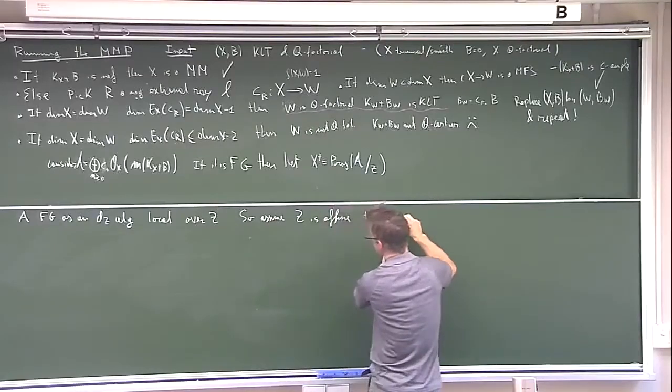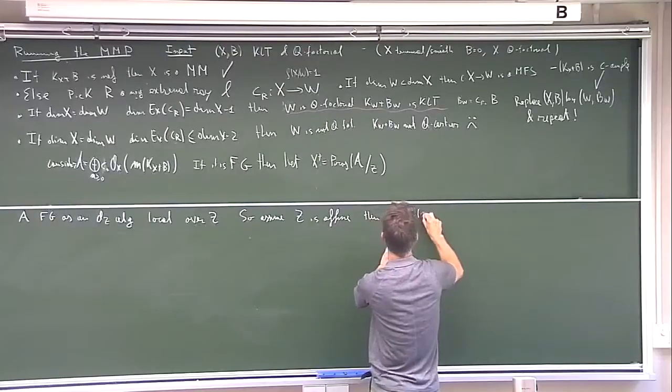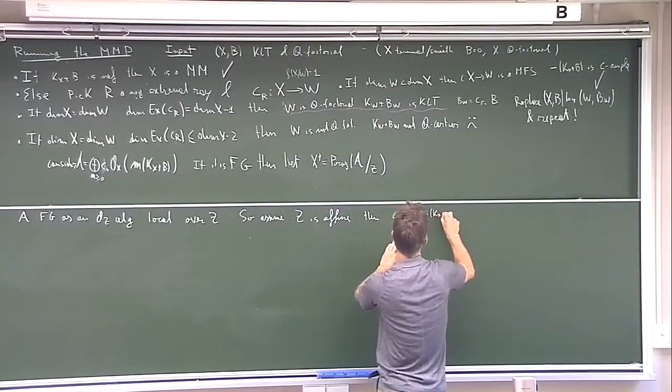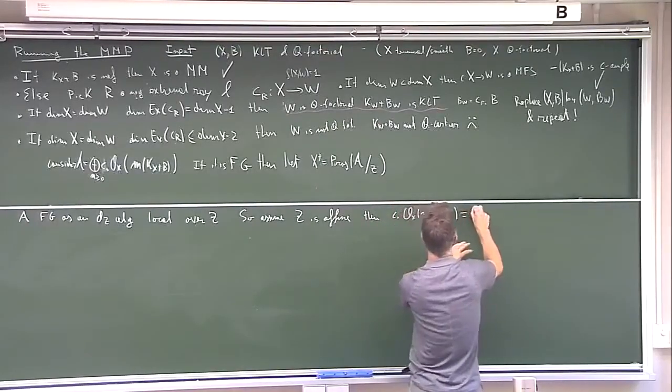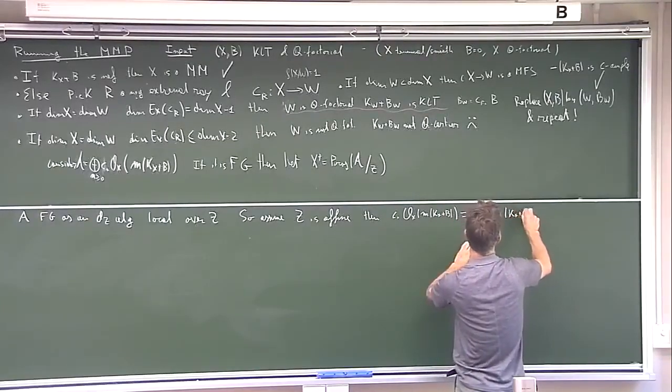Then we can identify c_* of O_X(m(K_X + B)) as the global sections of O_X(m(K_X + B)).